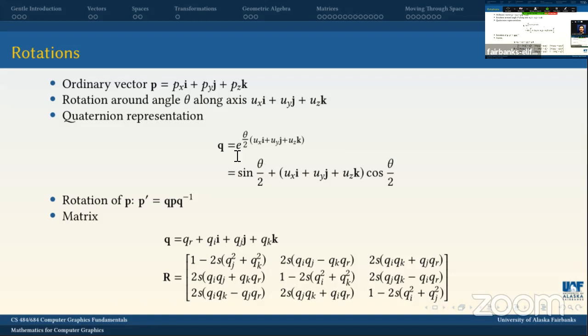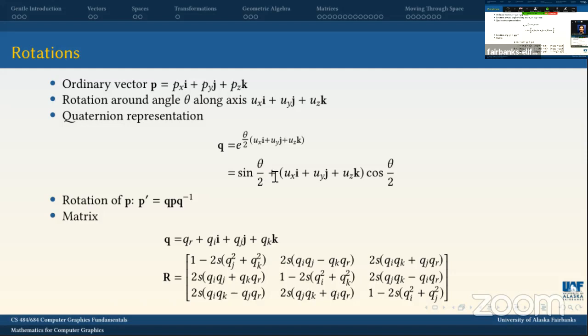This is the same thing as saying sine theta over 2, that's what the real component is, plus our axis vector times the cosine of theta over 2.